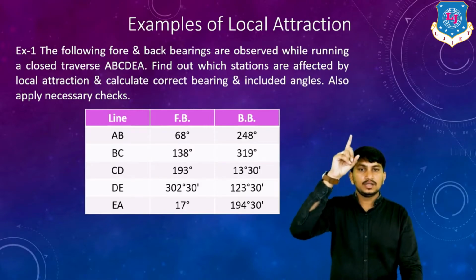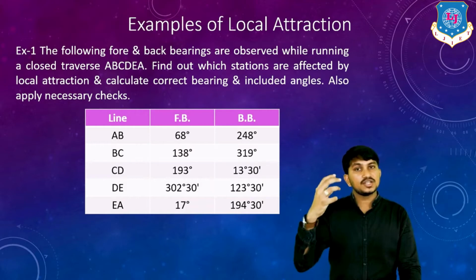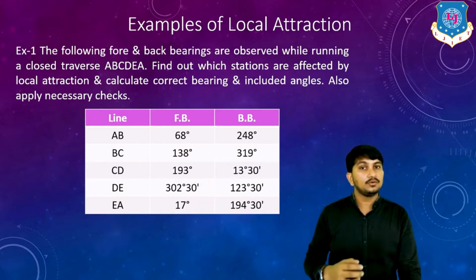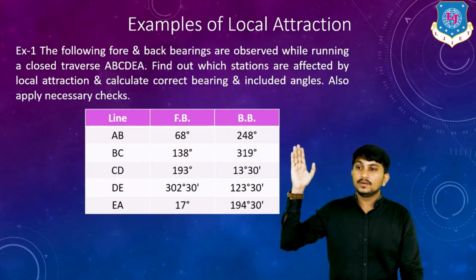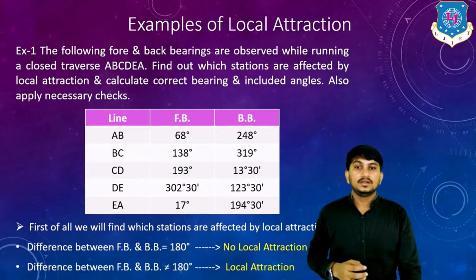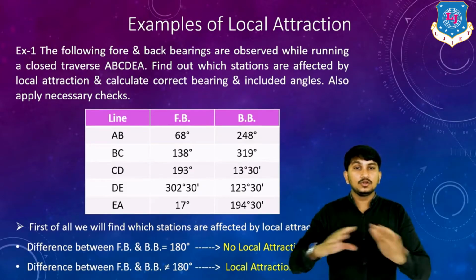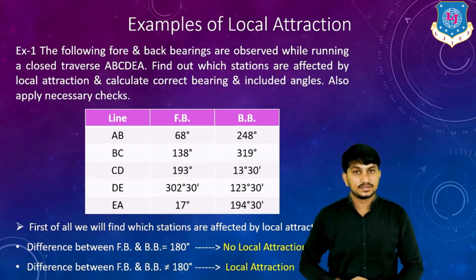First, we have to find out the stations which are affected by local attraction. For finding out the stations which are affected by local attraction, we have to find the difference between fore bearing and back bearing. Okay? If the difference between fore bearing and back bearing is equal to 180 degrees, it means no local attraction at those stations.